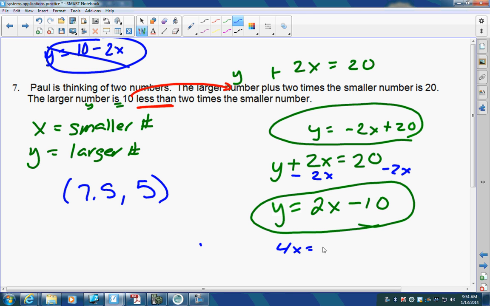I'm trying to do it in my head here real quick. Well, golly gee. I'm going to come back and try and figure this out, because I look at the smaller and the larger, but it's not how I define my letters. So that makes me confused, but I know that I wrote it right. The larger number is 10 less than 2 times the smaller. So I'll come back and look and see what's going on before the end of this.